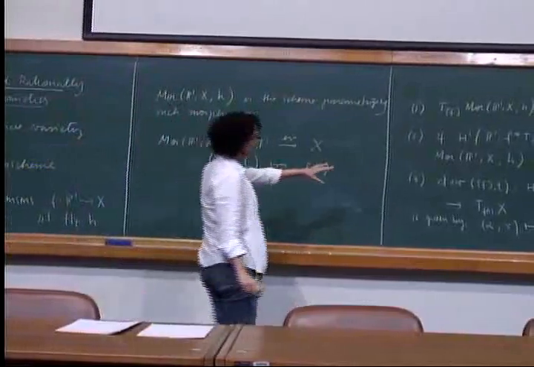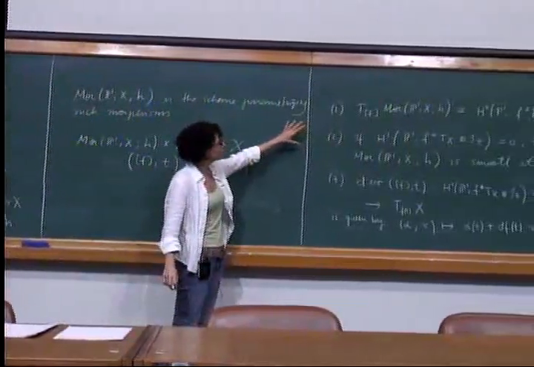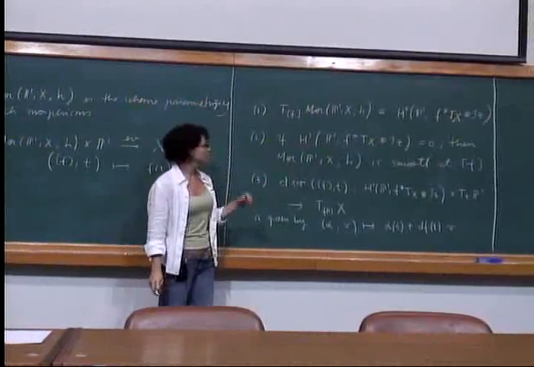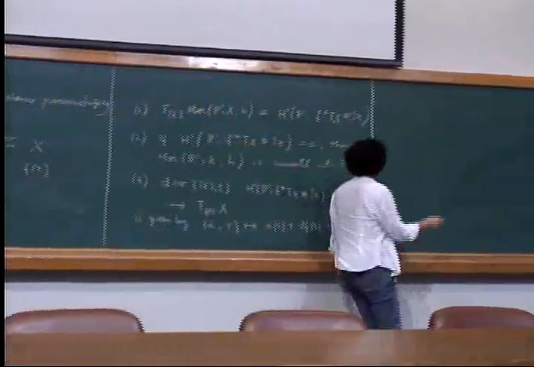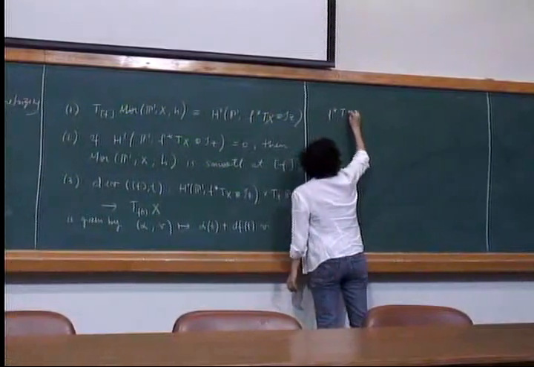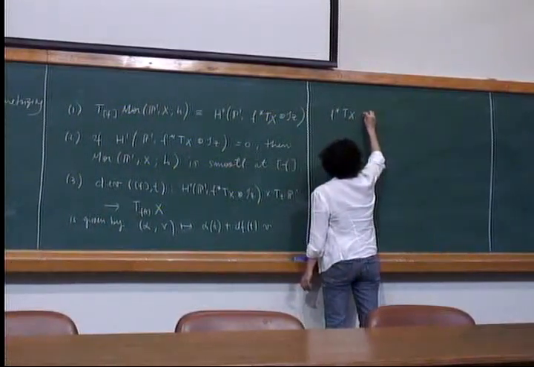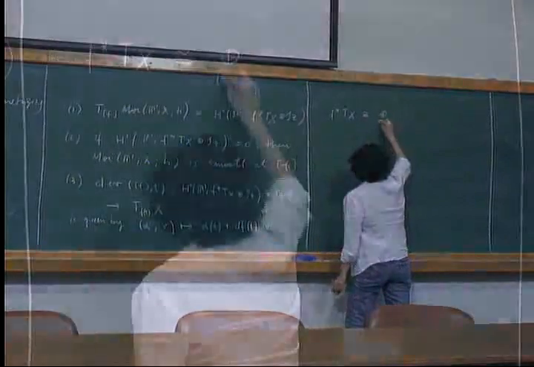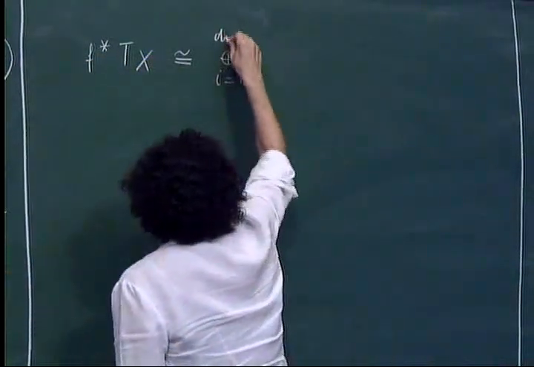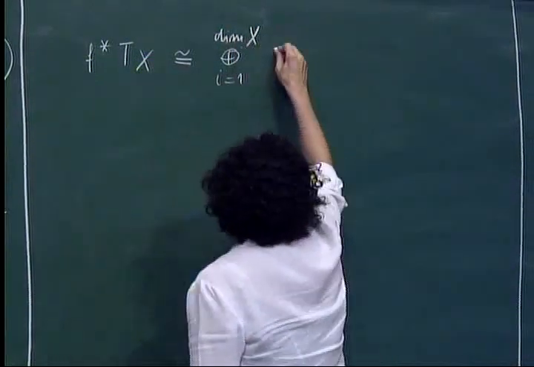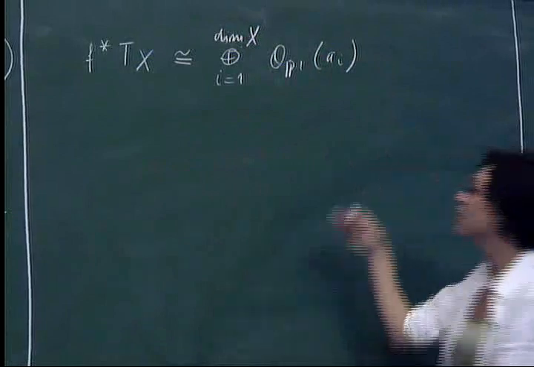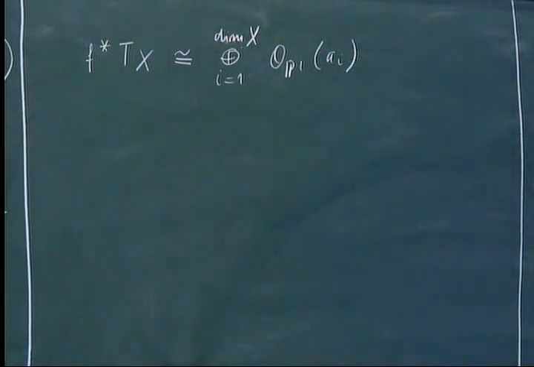Okay, so let's see what these conditions mean in the case when we have P1. When we have P1, we know that the pullback of the tangent bundle of X will be written as a sum of line bundles, for some integers a_i.